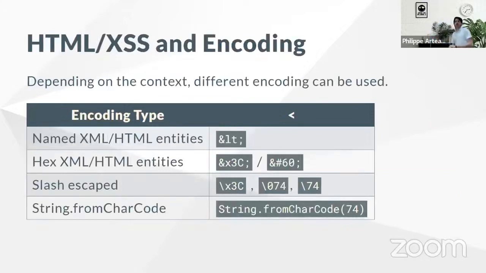Now XSS is a vector where we'll have plenty of opportunity, because depending on where the values are placed in the page, we'll sometimes be able to encode our value with additional encoding.